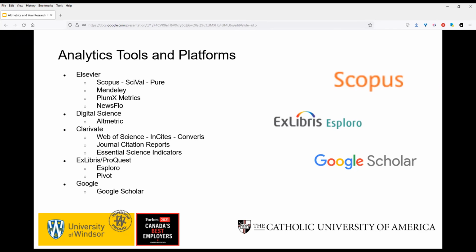And then finally, Google with its Google Scholar product, which has been around for some time now, probably more than 10 years. So these are by no means an exhaustive list, but these are the major players in the space. Next slide.